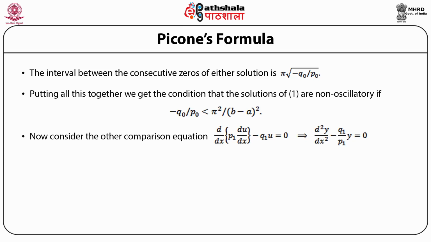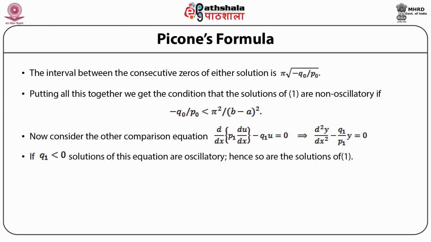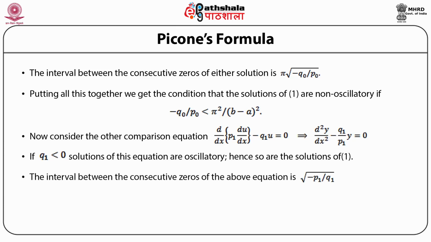The solutions of equation 1 will oscillate at least as rapidly as those of the above equation. If q1 is less than 0, the solutions of this equation are oscillatory, hence so are the solutions of equation 1. The interval between the consecutive zeros of the above equation is pi into square root of (minus p1 by q1).